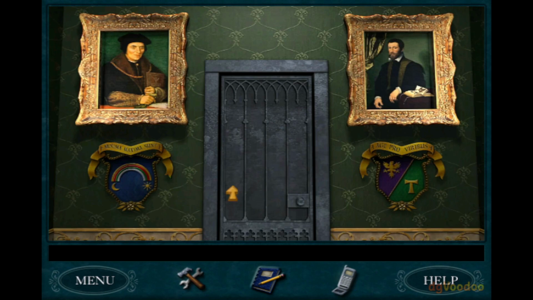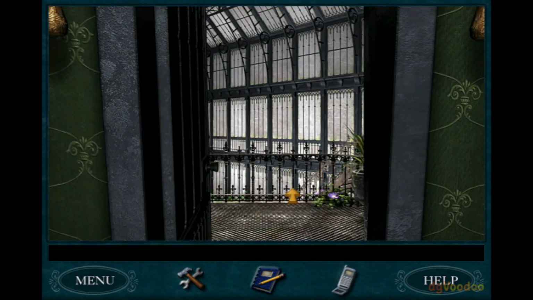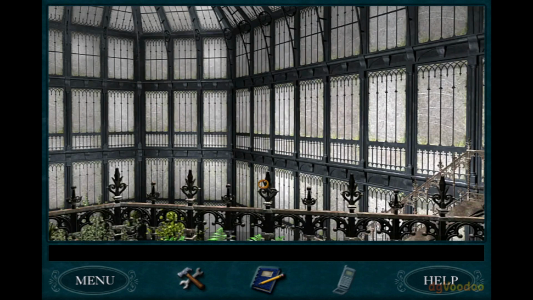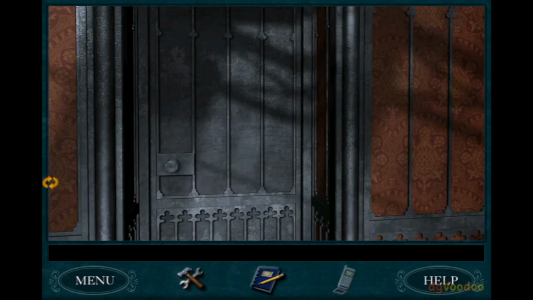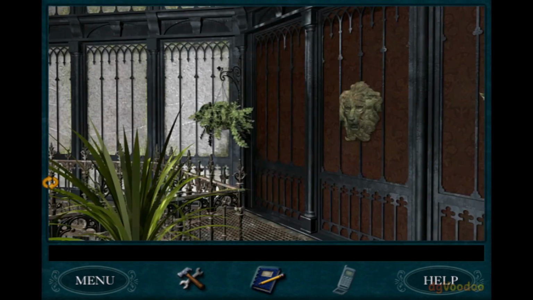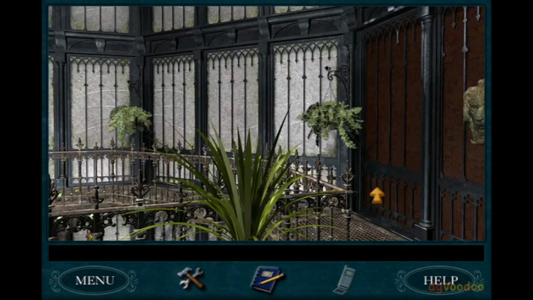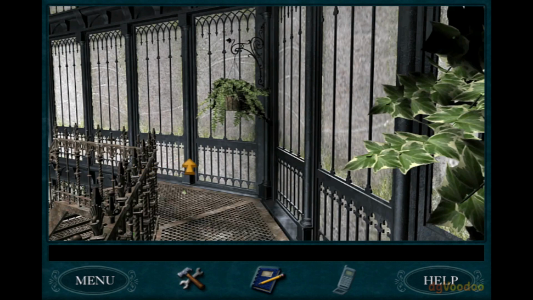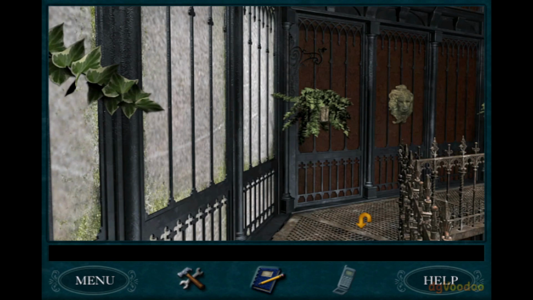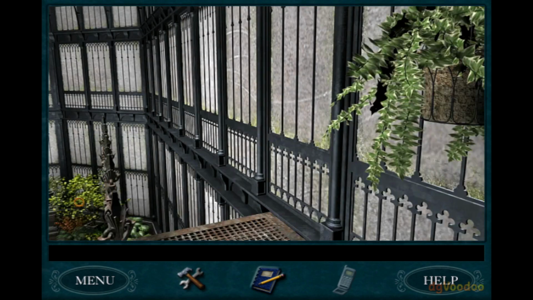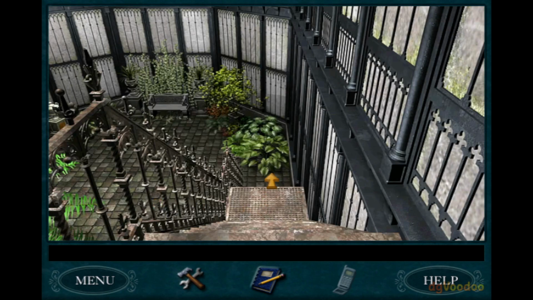What do we have here then? Oh. Is this the conservatory? Are there no, like, stairs leading down or anything? Oh, there are. Okay.